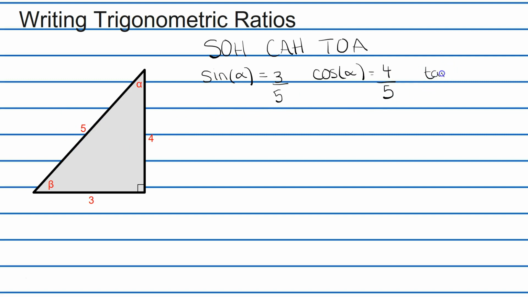Then let's say tangent alpha, opposite, 3 divided by the adjacent, which is 4. So as you can see here, each of these gives us a different fraction, so you can't just rely on one of them. It's not the same between sine, cosine, and tangent. They're all different reference points that we're talking about.